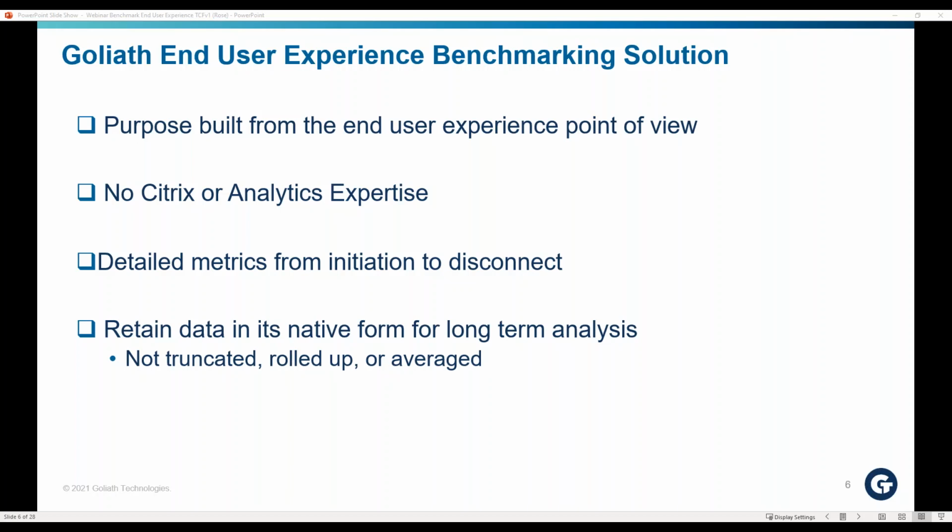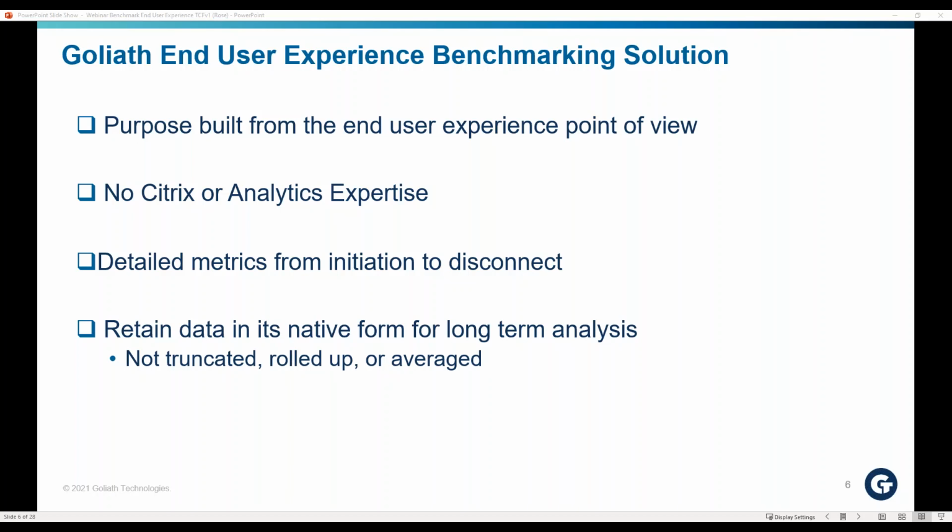You don't have to have Citrix analytics expertise or Citrix expertise. We're getting you detailed metrics from initiation to disconnect, from the early stages of the logon process, the whole way through using the session until they disconnect.